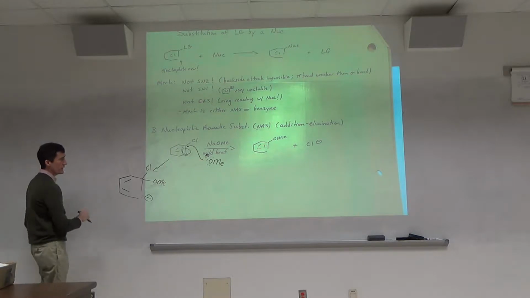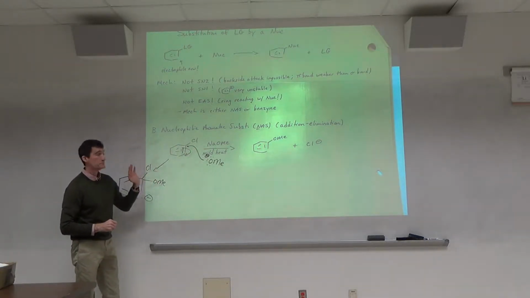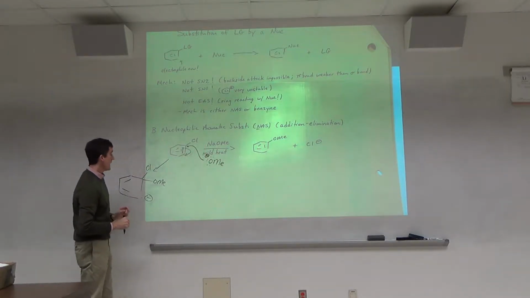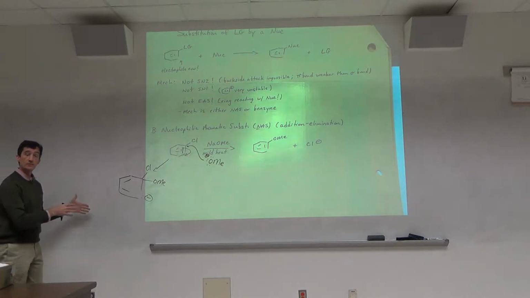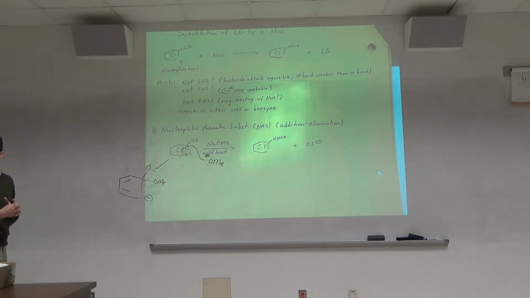But even though you can show resonance, we know that this reaction doesn't take place. If you try to go do this reaction, it won't work with mild heat. That implies that the intermediate is too high in energy and we can't make it over that big old hill. That's what it implies if it doesn't happen.